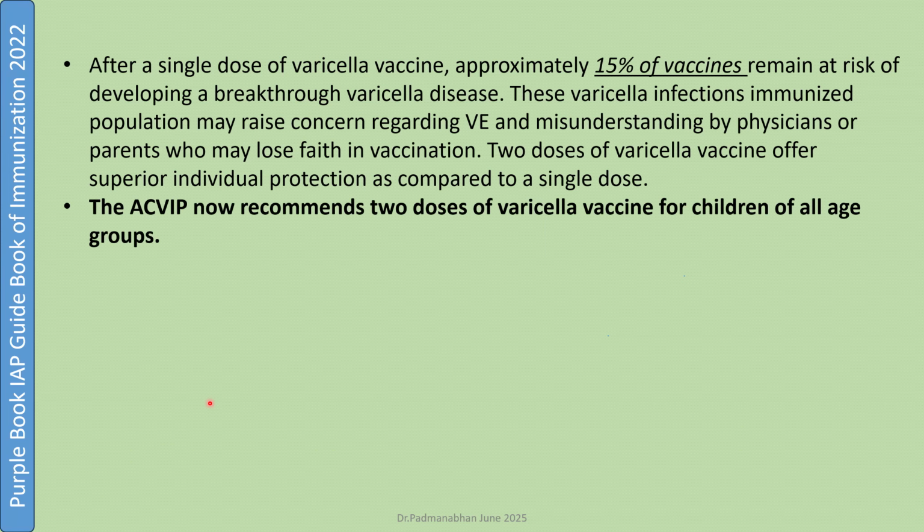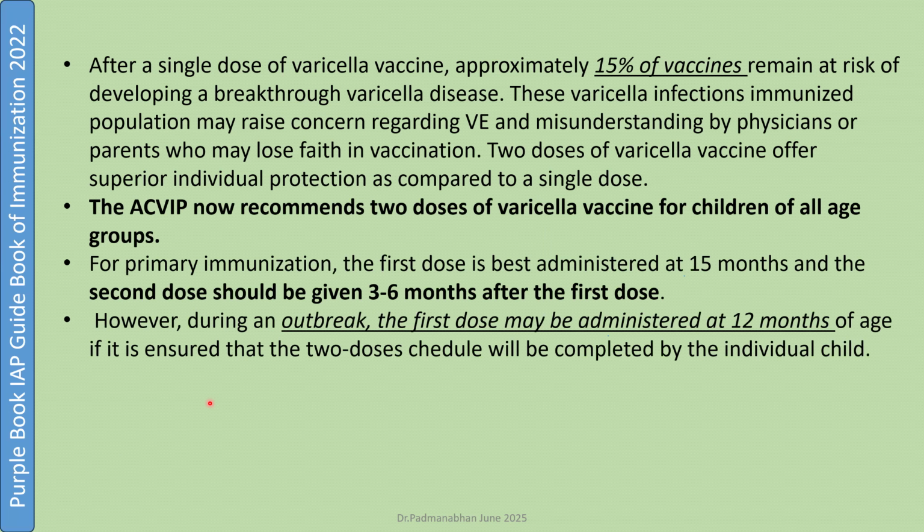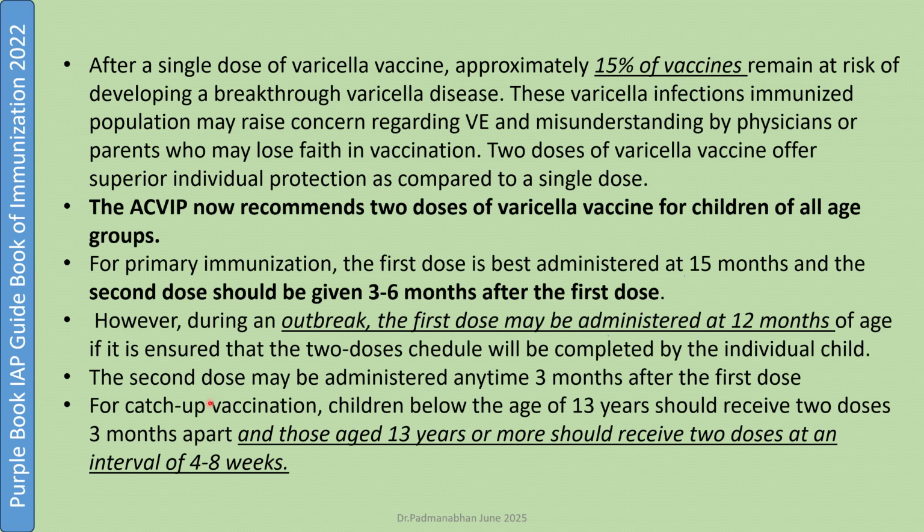The ACVIP now recommends 2 doses of varicella vaccine for children of all age groups. For primary immunization, the first dose is best administered at 15 months and the second dose should be given 3 to 6 months after the first dose.